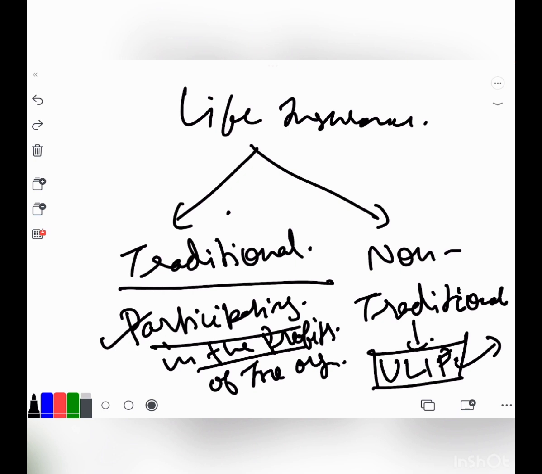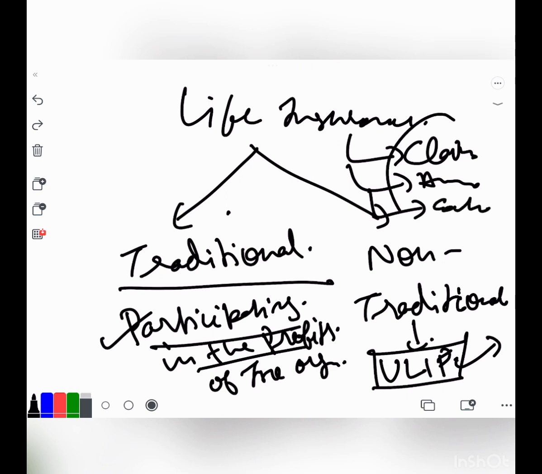What are the profits of an insurance company? An insurance company has some expenses like claims, administration expenses. All these total expenses, when subtracted from the premium, give the revenue for the organization.